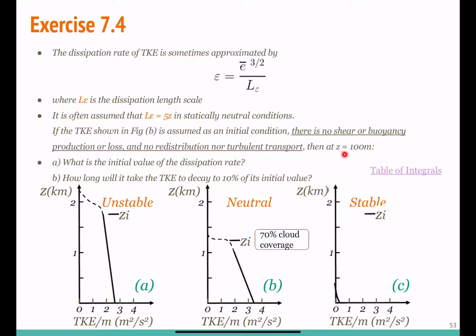Then at z equals 100 meters, you have to find the numbers according to the height and the initial value of the dissipation rate. Then you will have to do a little bit of calculus to find out how much time it takes for the TKE to reduce to 10% of its initial value. You have already found this initial value in the graph.